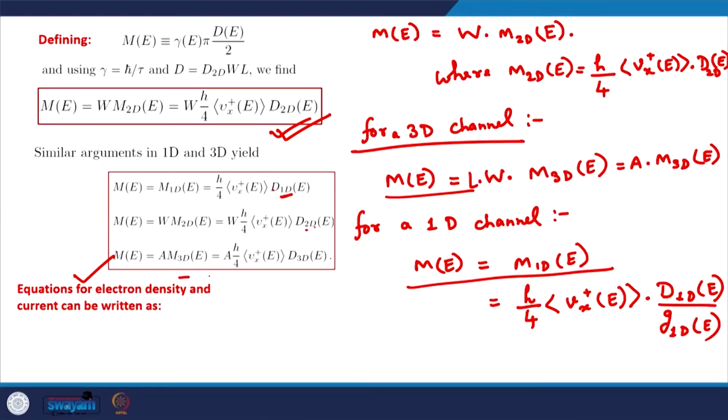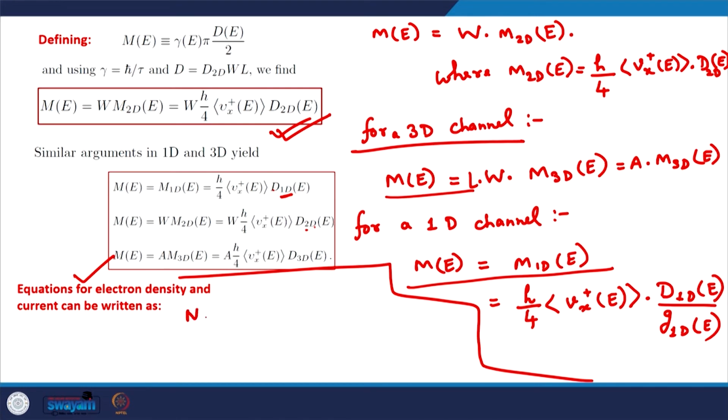In the 2D channel, things can be more explicitly visualized, and that is why we started with a 2D channel, because the length and width we can easily picturize in our minds.